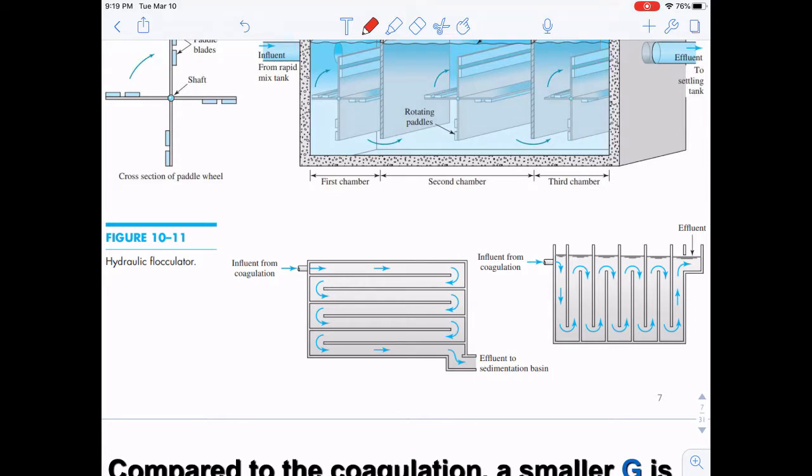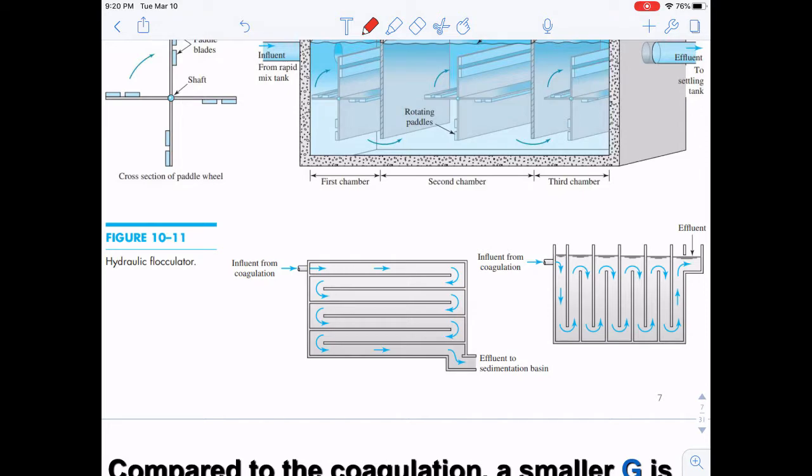Okay, so this type of flocculator is basically moving from up to down. So this is going to create this gravity potential so that it can move from a higher height to a lower height, right? And we can also use these types of hydraulic flocculators.